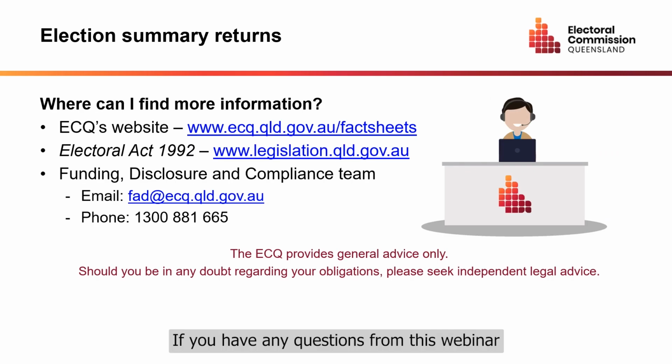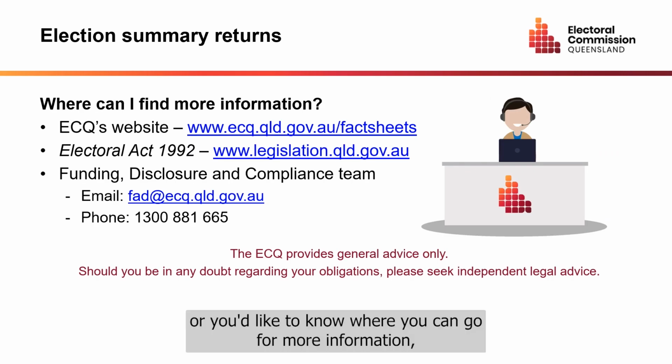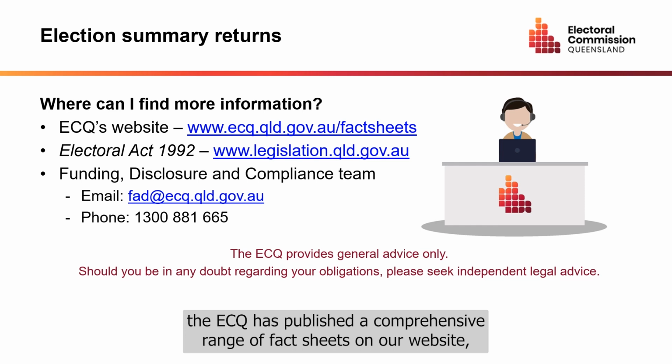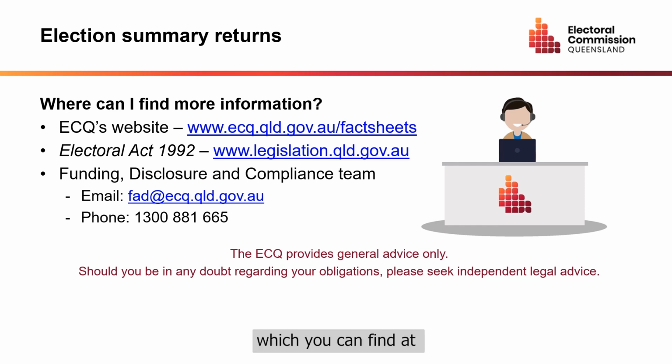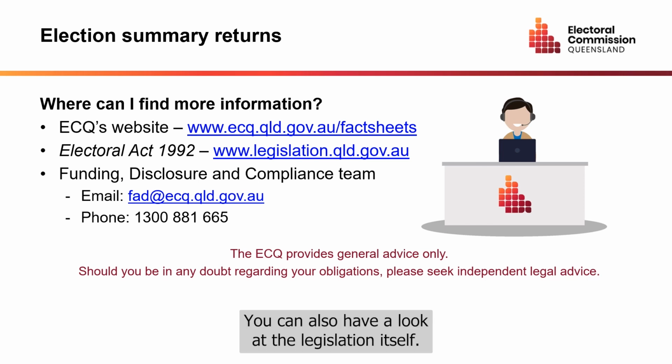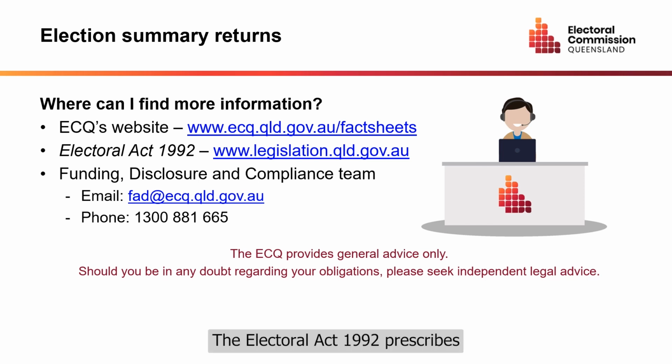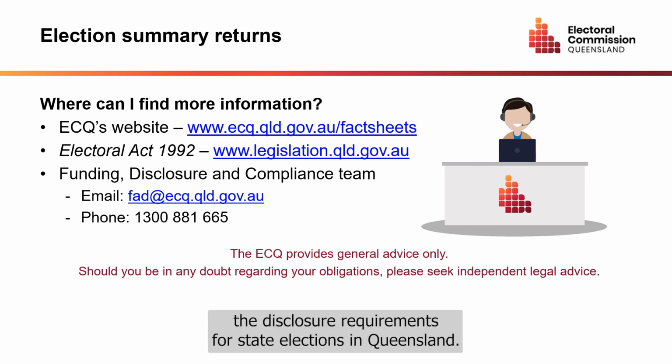If you have any questions from this webinar or you'd like to know where you can go for more information, the ECQ has published a comprehensive range of fact sheets on our website, which you can find at www.ecq.qld.gov.au/factsheets. You can also have a look at the legislation itself. The Electoral Act 1992 prescribes the disclosure requirements for state elections in Queensland.